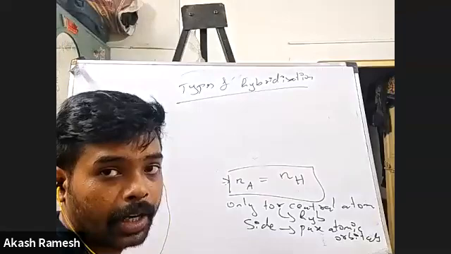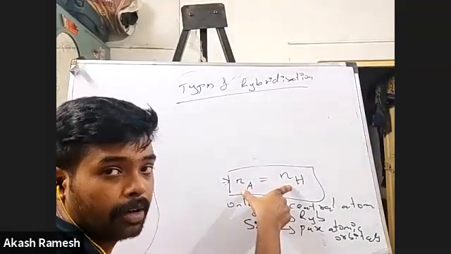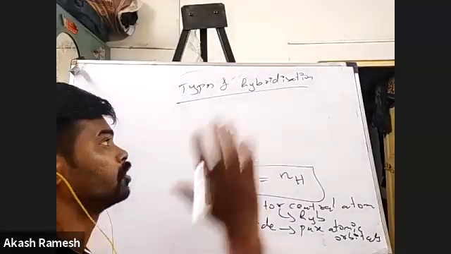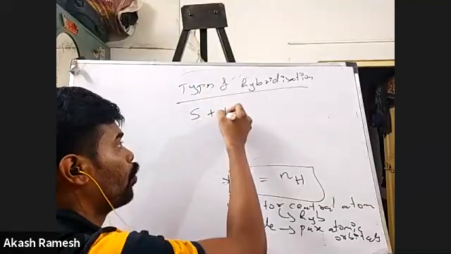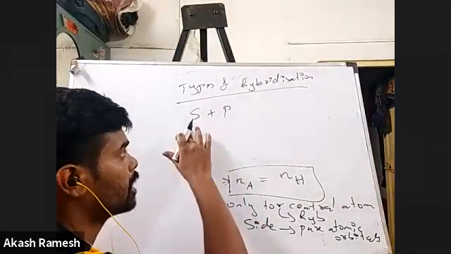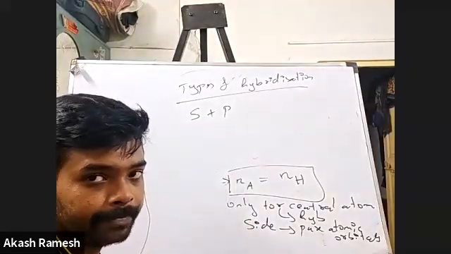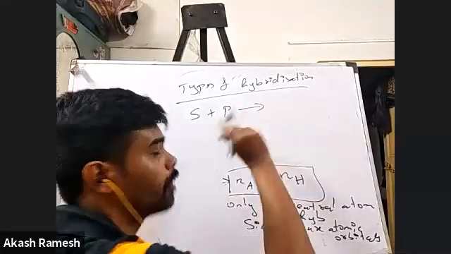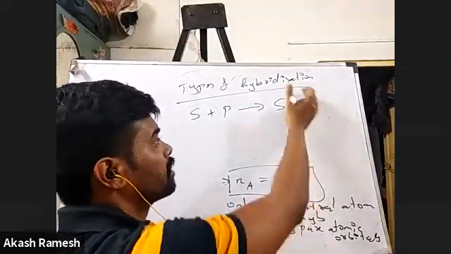Now you have to keep this in mind: the number of atomic orbitals is equal to the number of hybrid orbitals. The first case is that one s orbital and one p orbital will combine. Totally 2 atomic orbitals are combining. This will form a hybrid orbital, sp. This is the hybrid orbital.